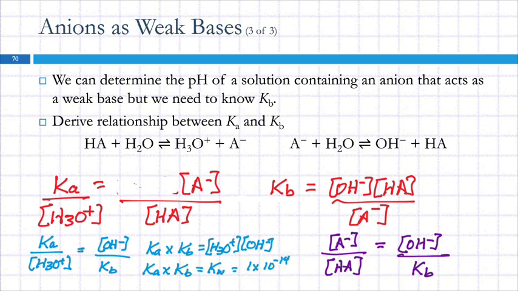So if we're looking at the conjugate base of a weak acid, and we're trying to determine the pH of a solution, and I need Kb, but I can only find Ka, Kw divided by Ka is Kb.